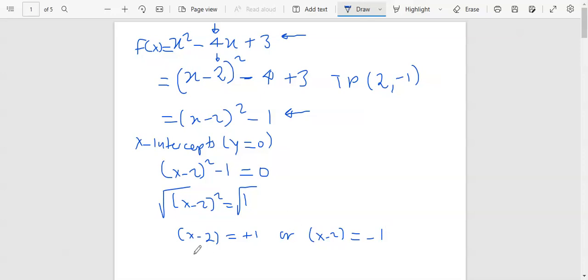And then I'll take 2 the other side, meaning that x is equal to 2 plus 1, which is 3, or x is going to be equal to 2 minus 1, which is a 1. So the x-intercepts, remember y is 0, are 3 comma 0 and positive 1 comma 0. Is this okay?